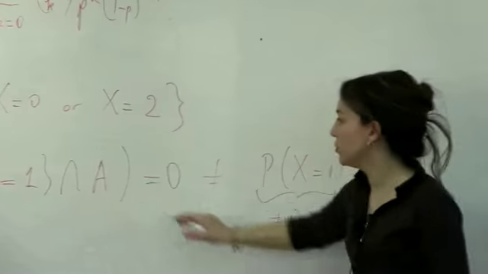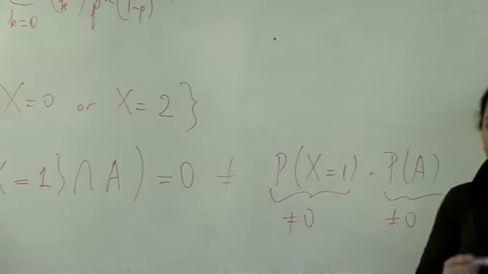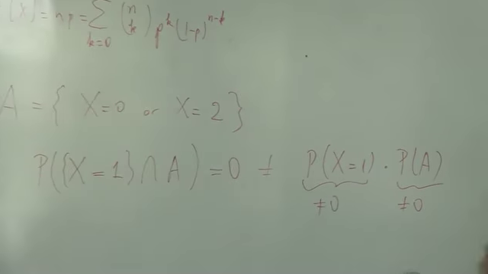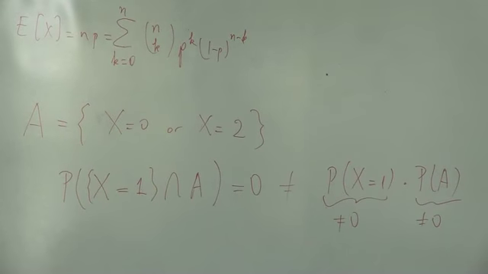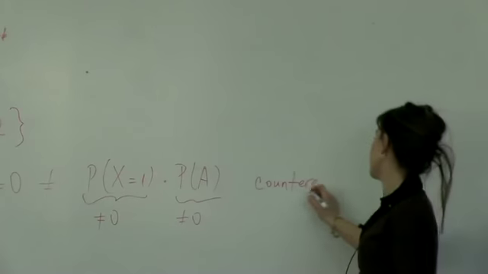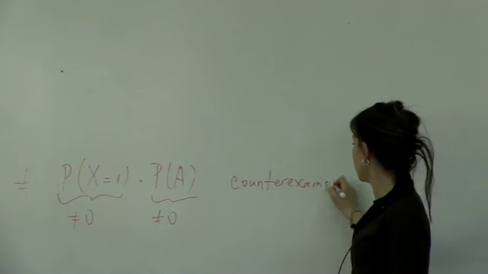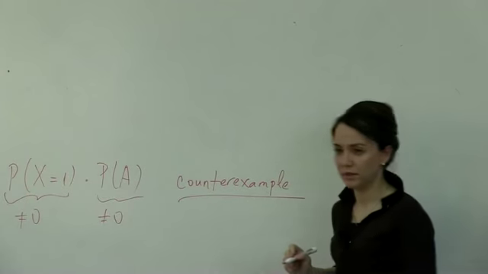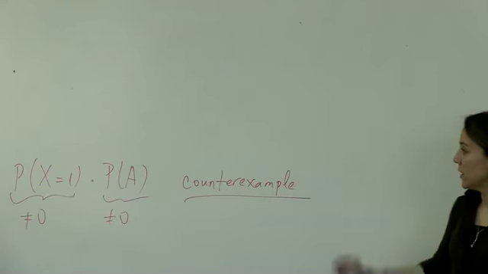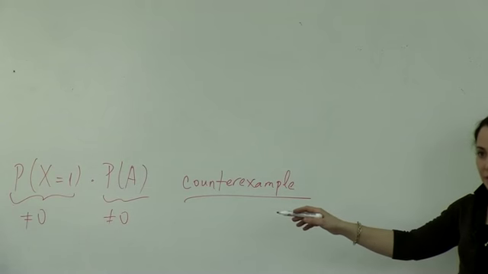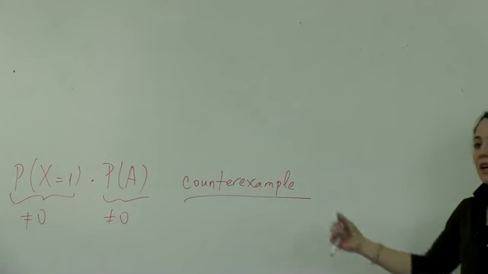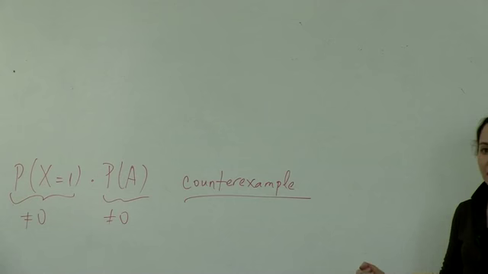So it's not equal to the left-hand side. Okay? So this is a counterexample exhibiting that X, the random variable, is not independent of the event A.